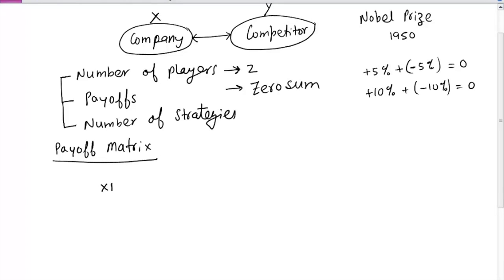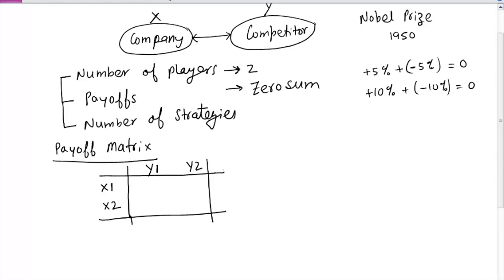Suppose X1 represents the first strategy by player X and X2 represents second strategy by player X. These 2 strategies could be, if we are looking at say marketing, maybe first strategy is using TV for ads and second strategy could be using radio for ads. So based on this, player Y also will choose certain strategies, and let's say there are 2.